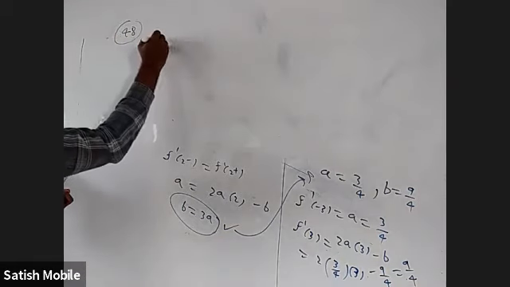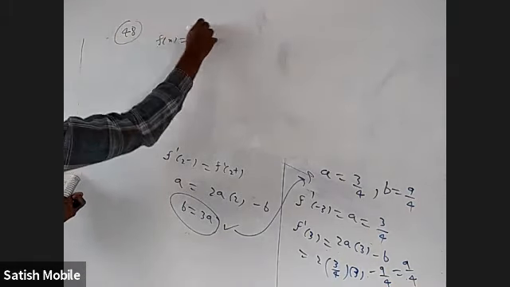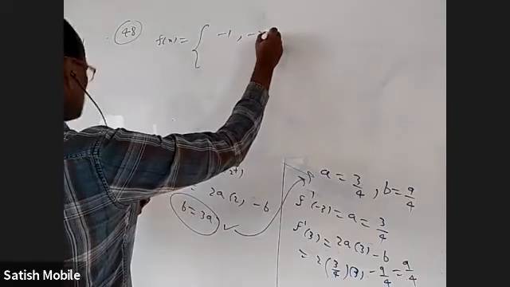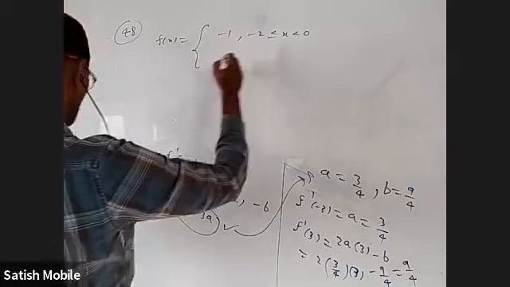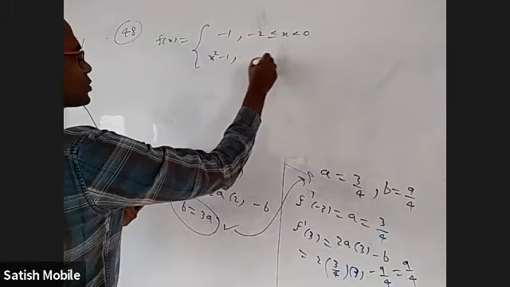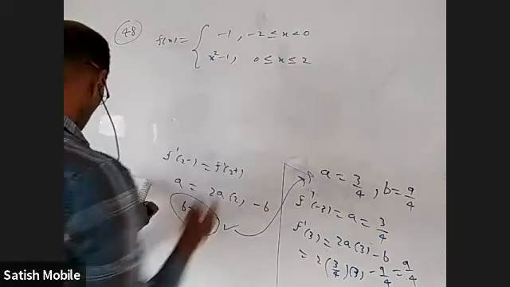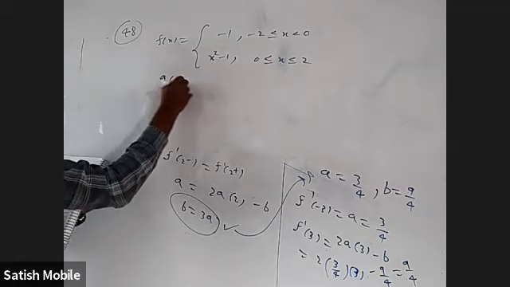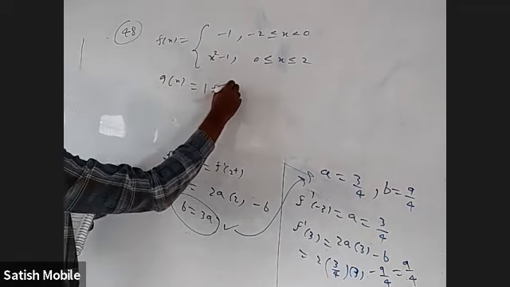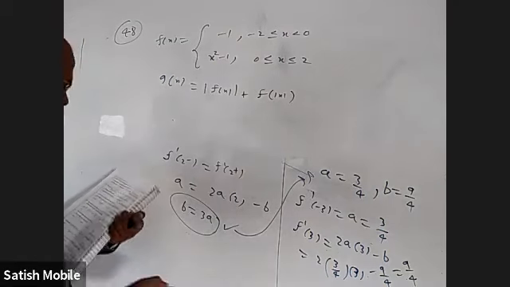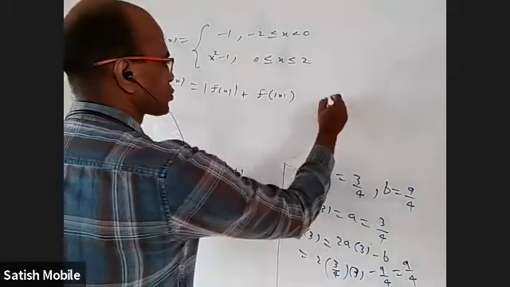Okay, 48. They gave f of x is equal to minus 1 for minus 2 less than or equal to x less than 0, and x square minus 1 for 0 less than or equal to x less than or equal to 2. They defined g of x as mod f of x plus f of mod x, x belongs to minus 2 to 2.